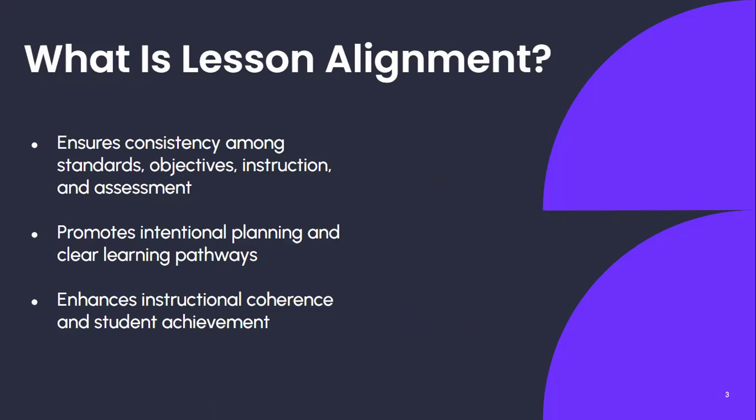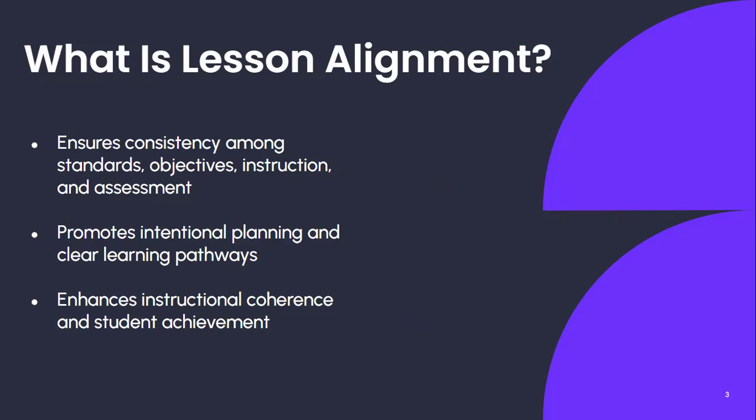But these are agreed upon by educators and experts in the field, and they ensure that learning is not redundant, meaning we're not teaching the same thing to students every grade, that they're actually progressing through their educational journey. And so these standards are what guide our learning. Here at McNeese State University, we tie our learning to Louisiana state standards.